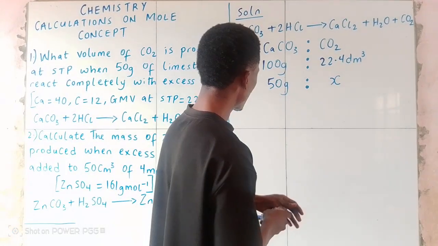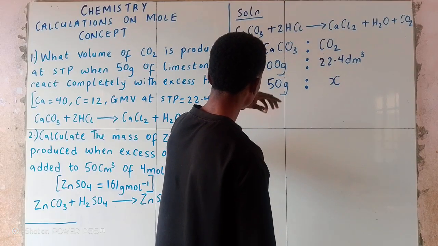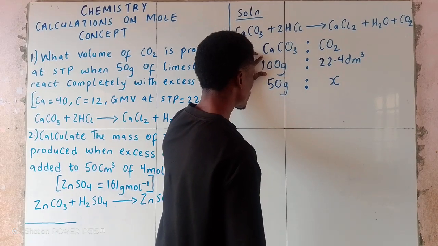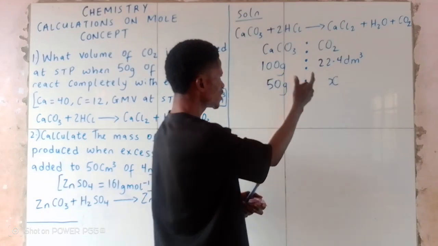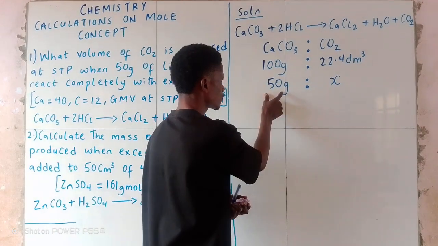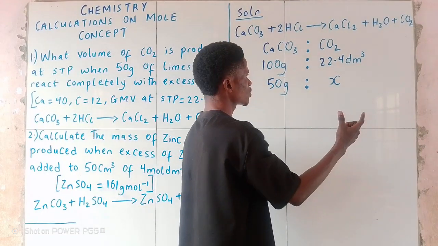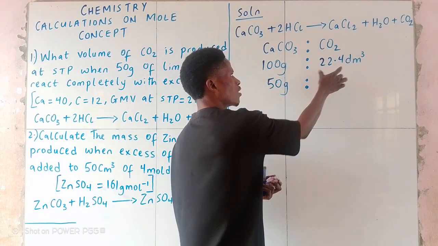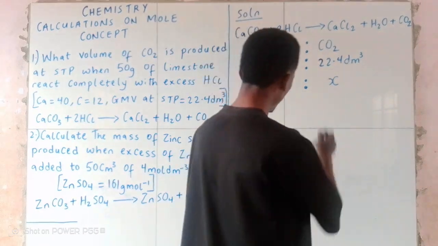If we check carefully, we can see that 50 gram is half of 100. We used 100, we get 22.4. If you use half of 100, it means that half of this will also be produced. So let's continue.